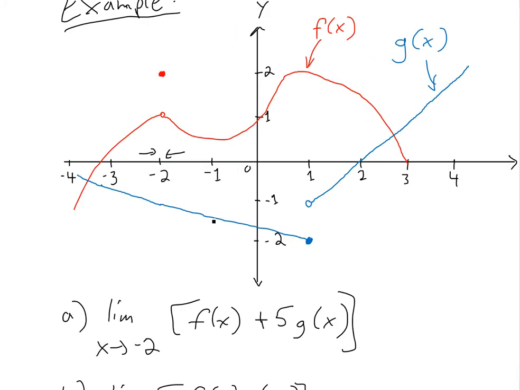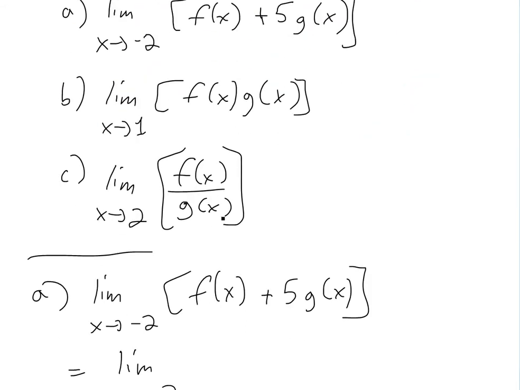The limit of f(x) as x approaches -2 is just this value right here, which is 1. And for g(x), at this point it's approximately -1. So when it approaches this point, it's -1 for g(x), and we can do this separately.